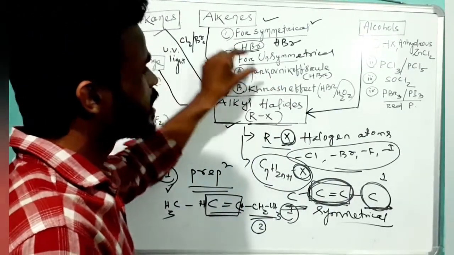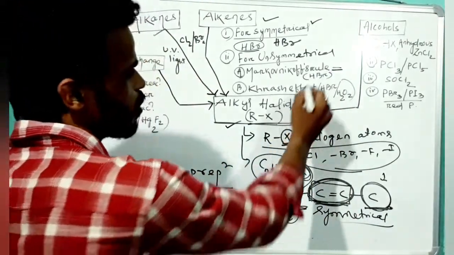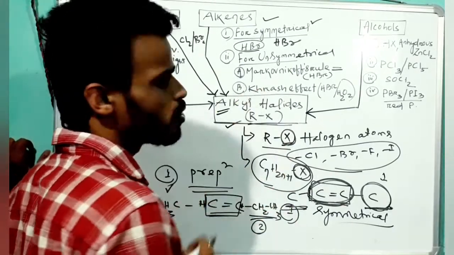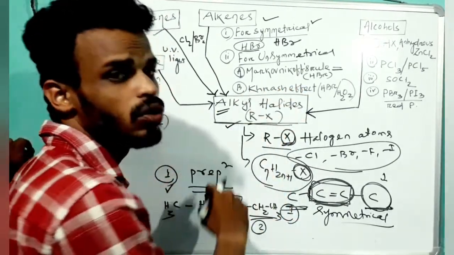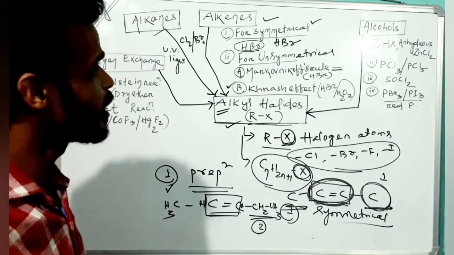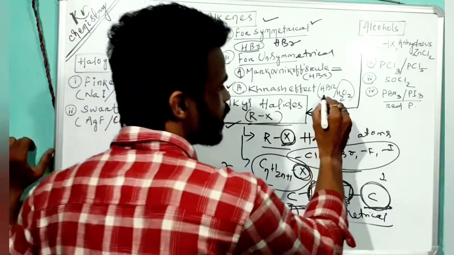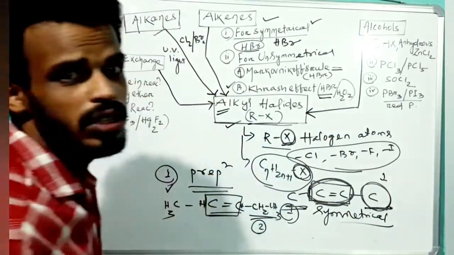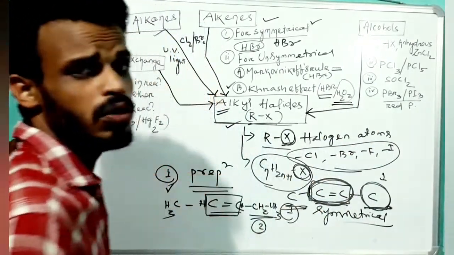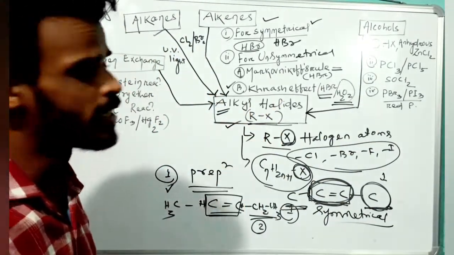Likewise, another rule is anti-Markovnikov's rule or peroxide effect. When an unsymmetrical alkene reacts with hydrogen bromide, a halogen acid, in presence of hydrogen peroxide H2O2, that forms alkyl halides.